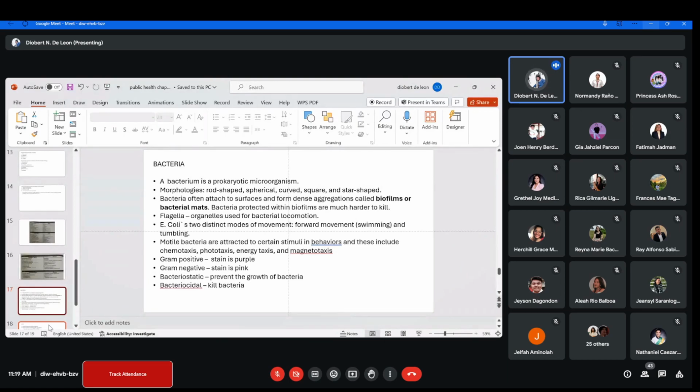Okay? Negative, pink; positive, purple. Some organisms are best identified by stains other than the gram stain, particularly mycobacteria and nocardia, which show acid fastness, or the Ziehl-Neelsen method.